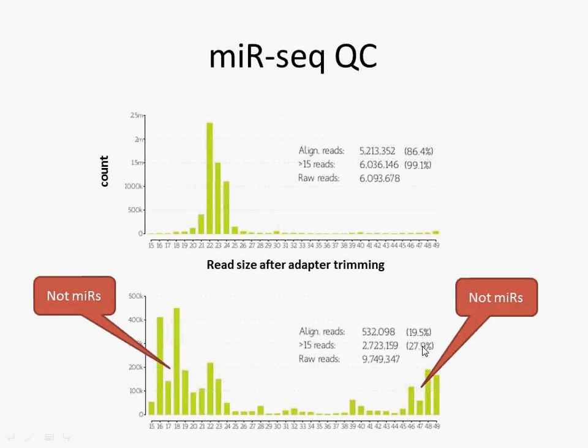Only a third of the data, probably just about 1/4, was actually recognizable, and only a fifth of that fourth is aligning to the mirBase. These would be these species right here. So we end up with a microRNA profile that only has 500,000 reads, which is on the low side. These species on the left and right are not microRNAs.